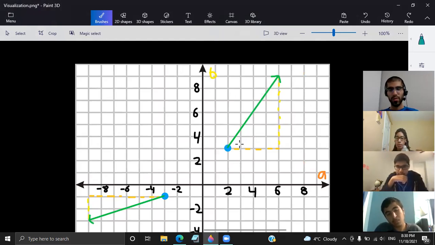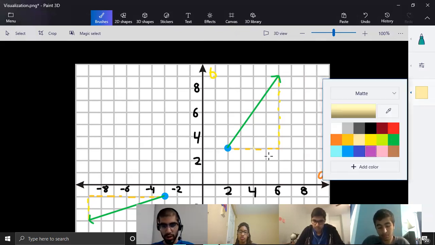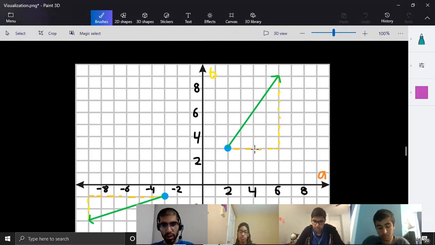So remember, vectors represent more of a direction. I could have this vector actually start over here. That's a good question: why isn't it starting and stopping in a predictable way? I could honestly have a vector start from this point.